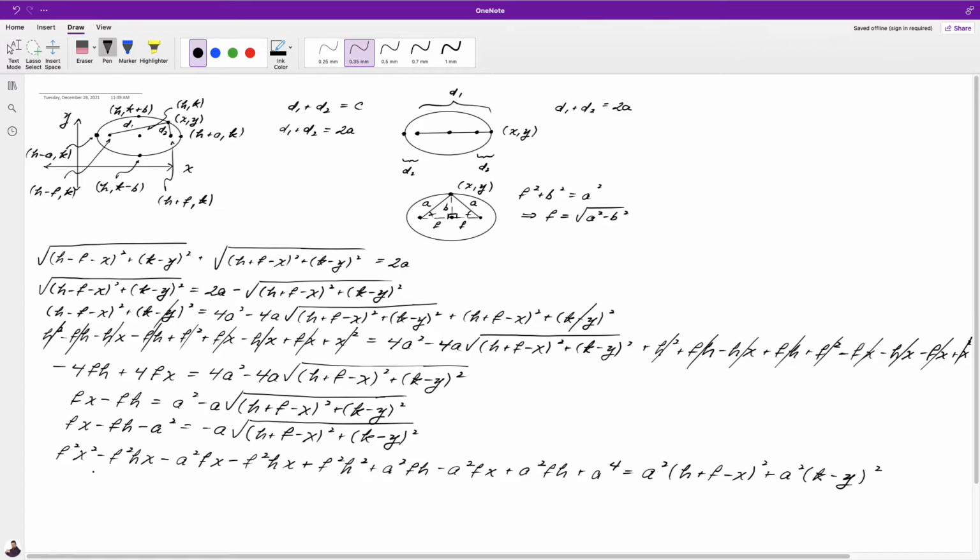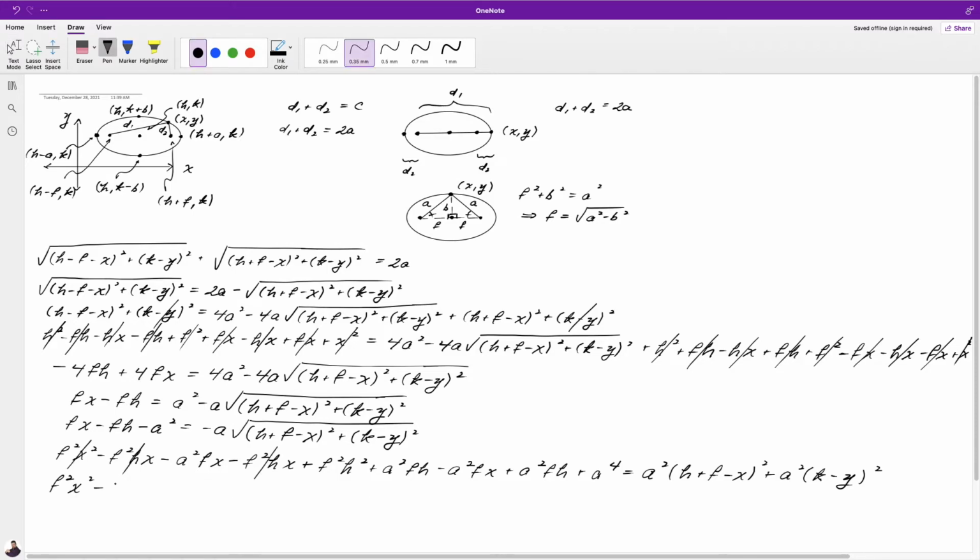Can we simplify anything over here? We can. We've got a couple of a squared fh terms, and we've got a couple of negative f squared hx terms. And so, yeah, let's go ahead and simplify, and then of course we're going to also expand the right-hand side. Okay, so we have f squared x squared, so that's been accounted for. We've got negative f squared hx minus f squared hx.